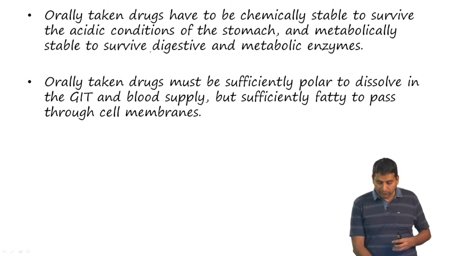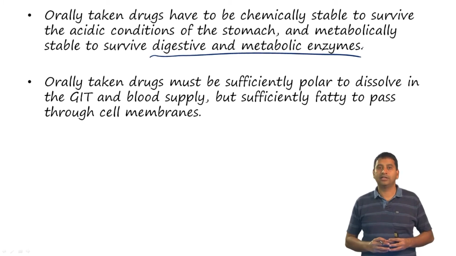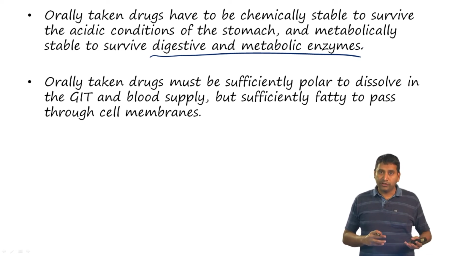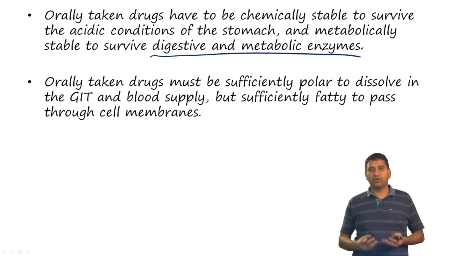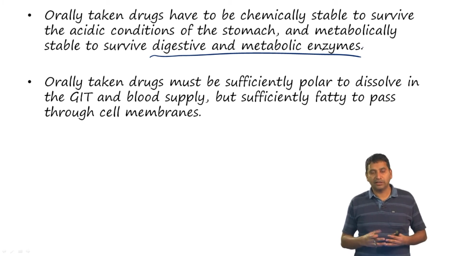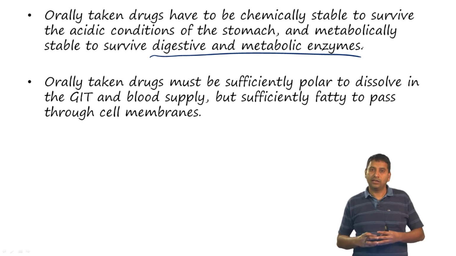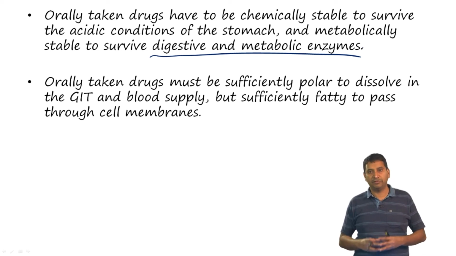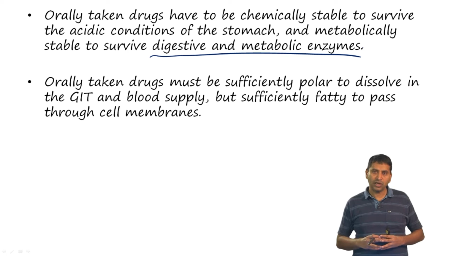They should be sufficiently polar so that they can dissolve in the gastrointestinal tract and get into the blood supply, but they should also be sufficiently fatty to be able to pass through membranes. We looked at both these criteria.